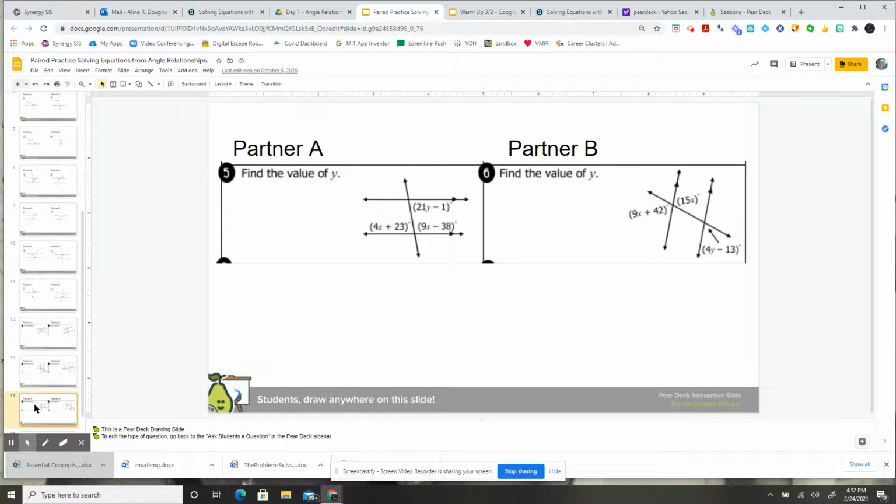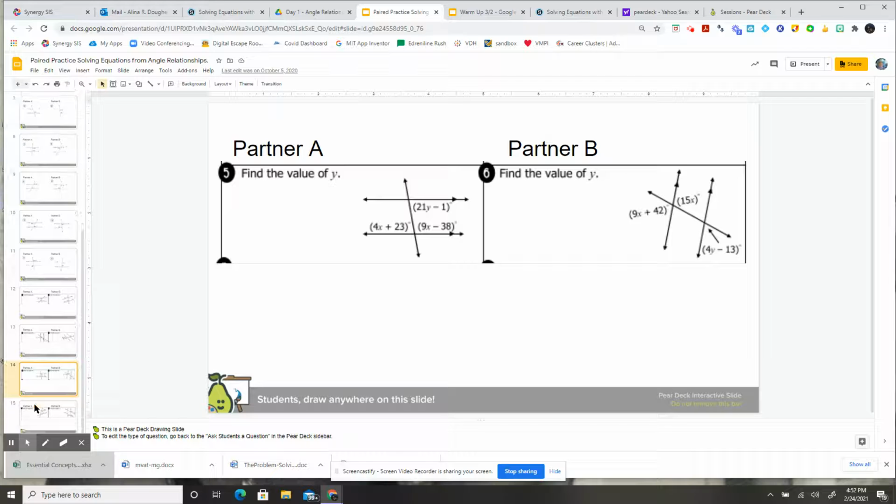In question number 14, or line number 14, we're going to do the exact same thing. I've got a couple of things here. These two now share the variable. So I'm going to do 4x plus 23 plus 9x minus 38 equals 180. I'm going to collect my like terms. 9x and 4x is 13x.